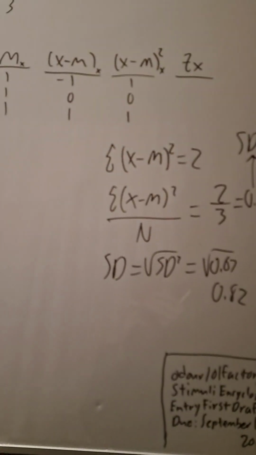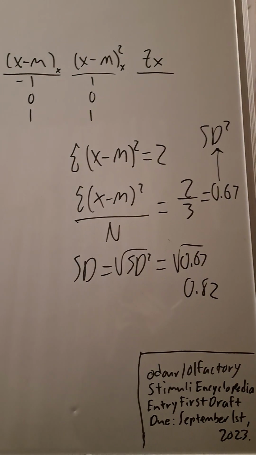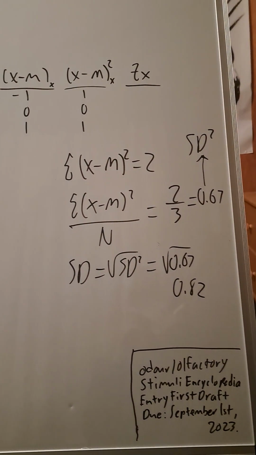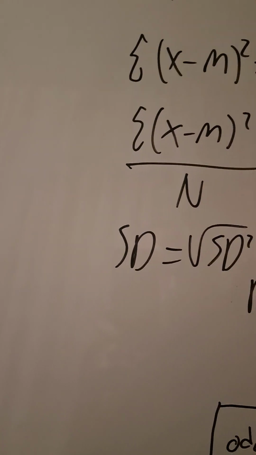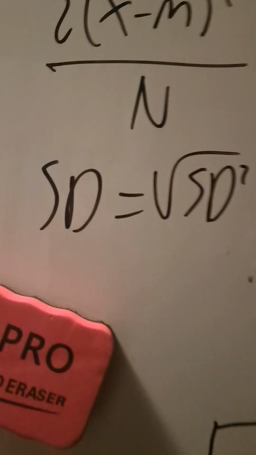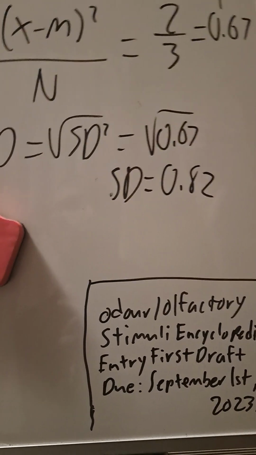All right, so this is what we've done so far. We calculated our standard deviation. The note in the bottom right is for me. You don't have to worry about that. But we calculated our standard deviation. That's what we just calculated. Just going to fix this. So standard deviation, this is what we just calculated. That's the standard deviation for x.